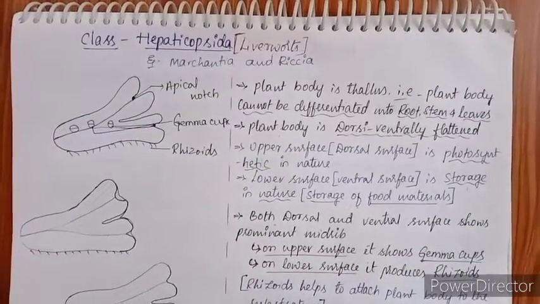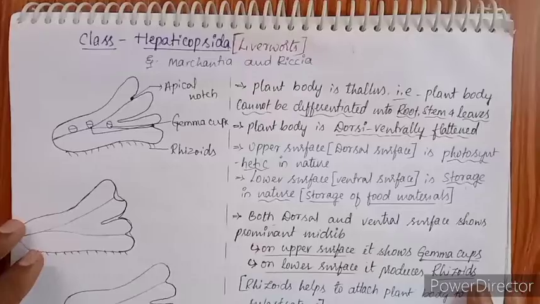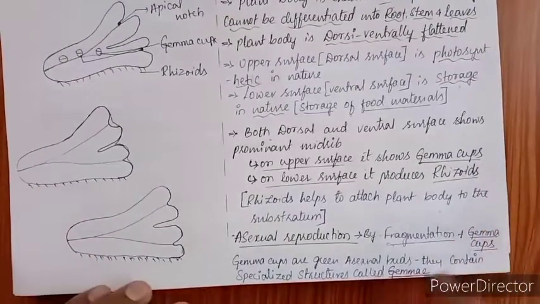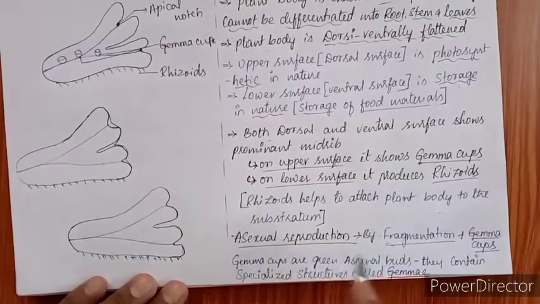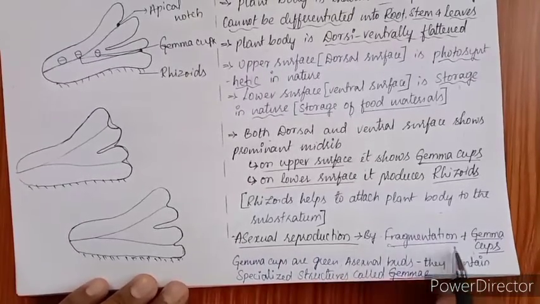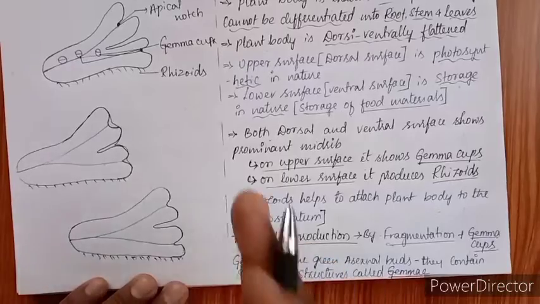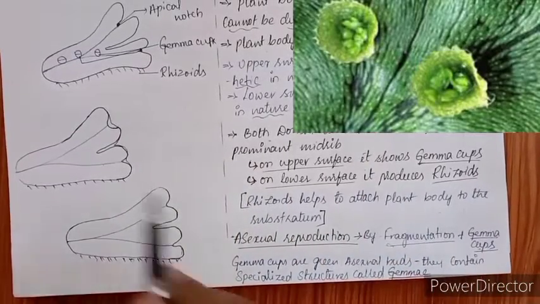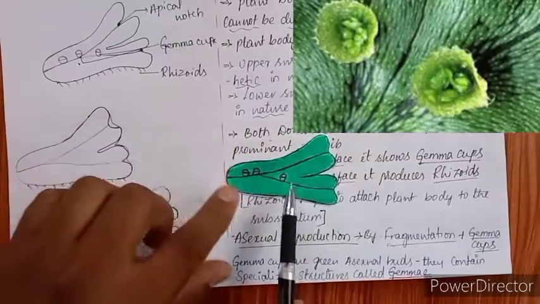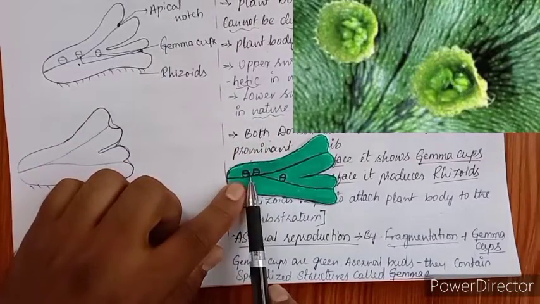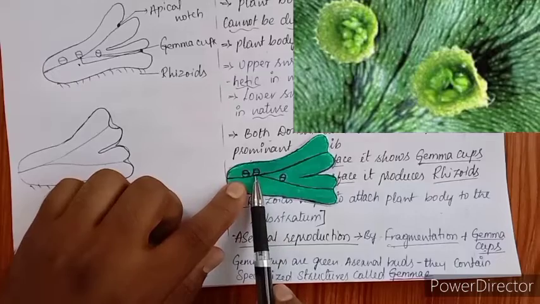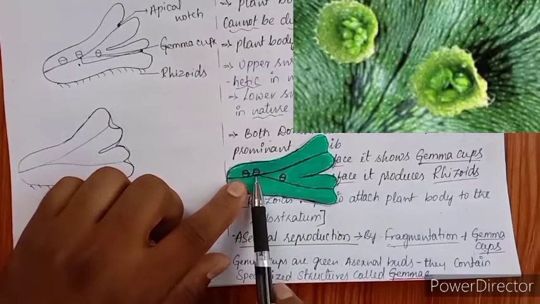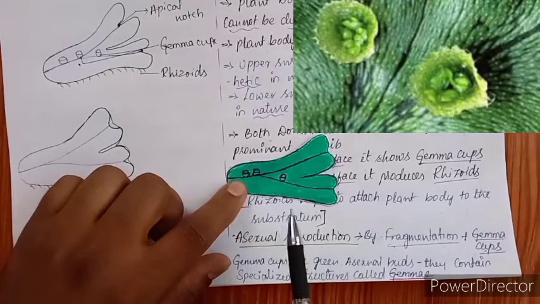As we move towards reproduction, there are two types: asexual reproduction as well as sexual reproduction. Asexual reproduction is by fragmentation, meaning each fragment develops into a new plant body, and by using Gemma cups. These Gemma cups are green asexual buds that originate at the midrib region towards the dorsal surface.